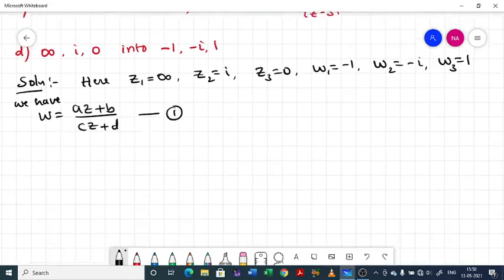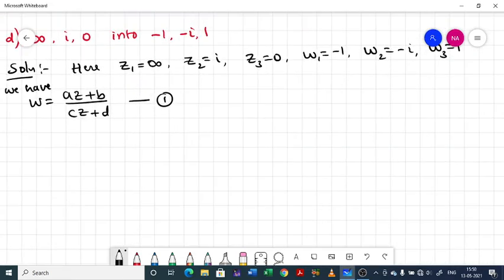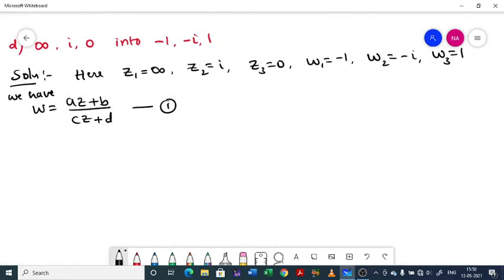Now here I have the point z equal to infinity, right? So we cannot substitute here z equal to infinity directly. In such case, see, we have z1 infinity and w1 equal to minus 1. So in this case, you should not substitute directly the value of z, but you have to take z outside in both numerator and denominator, cancel and then substitute.